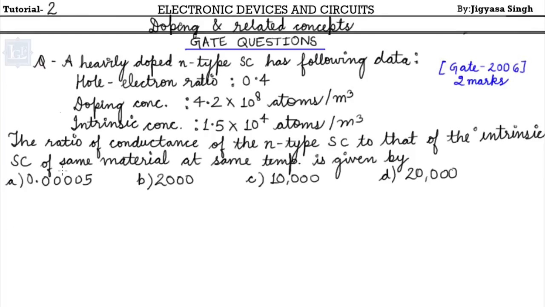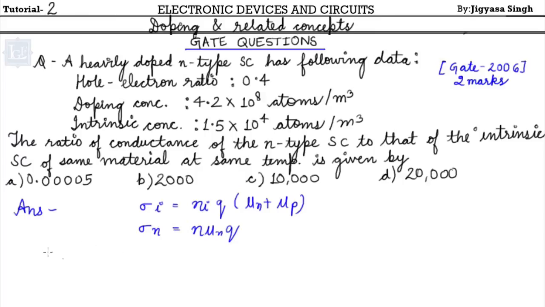So the solution is pretty easy. Yes, we know all the formulas. The conductivity formula for the intrinsic was Ni q (mu n plus mu p). And for n, I can write n mu n q.